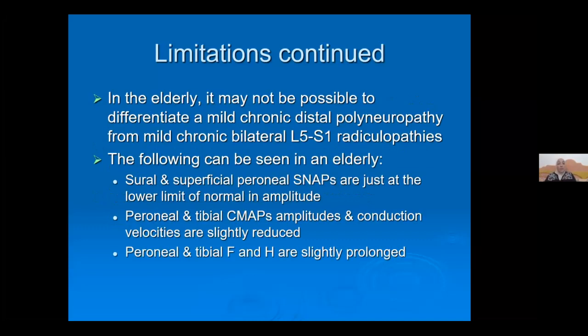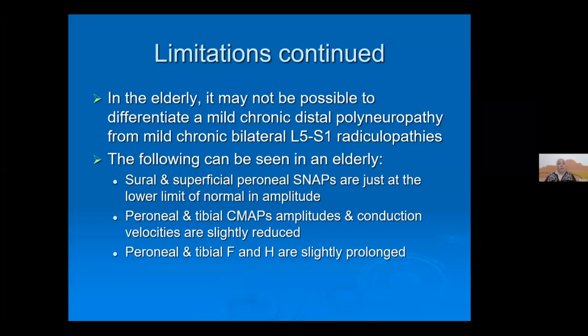Last but not least, patients referred to us for radiculopathy are frequently elderly. In the elderly, it may not be possible to differentiate mild chronic polyneuropathy, something they frequently have, from mild chronic bilateral L5 and S1 radiculopathy. Both will give me more or less similar findings.